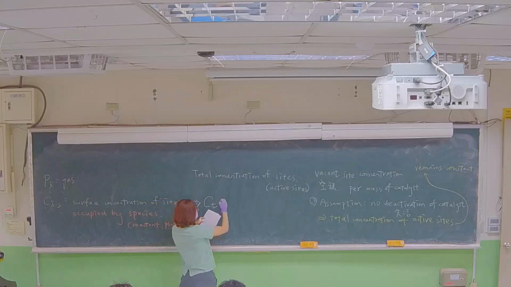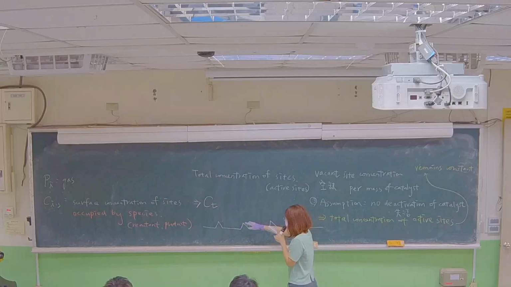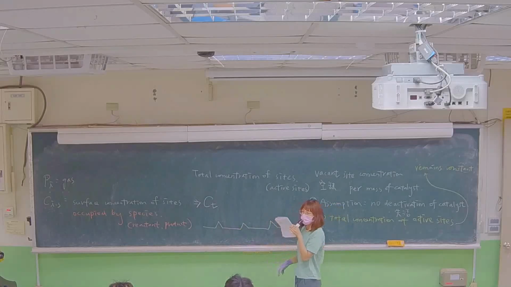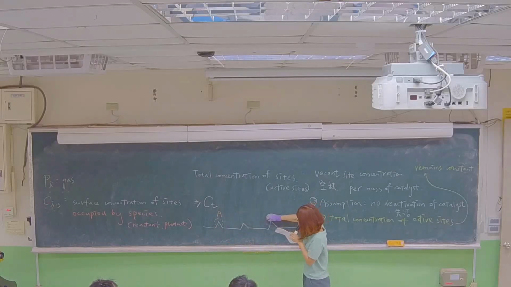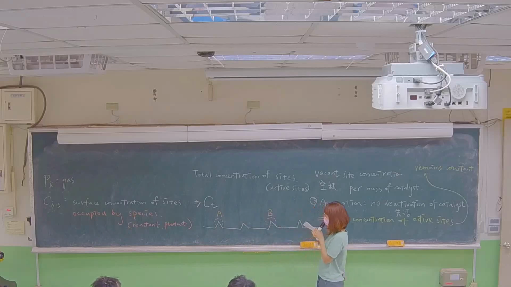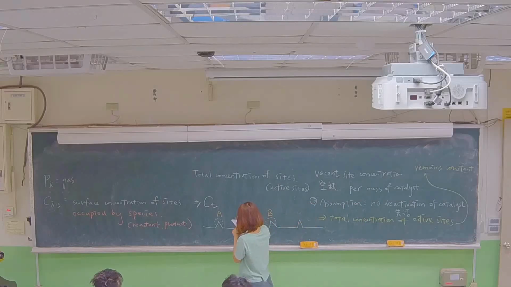You can see a figure here. Assume these are the active sites. So assume there are 4 active sites on the catalyst. This site may be occupied by A. This site may be occupied by B, right? How about these 2? These 2 are called vacant sites.